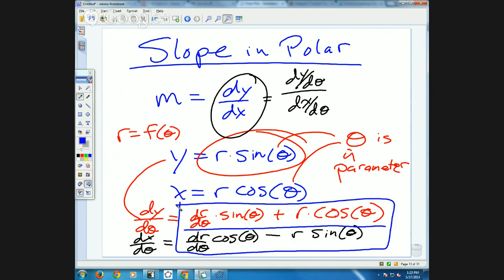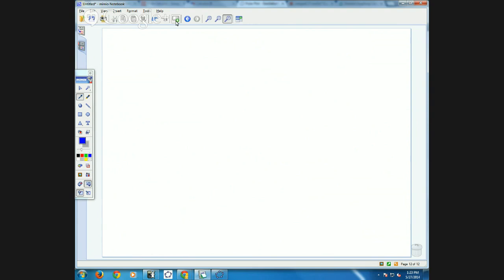Okay, so I got a new project for you. I'm going to give you a polar function. You're going to graph it, and then you're going to try to find a tangent line on it at a point. R equals 1 minus the cosine of theta.